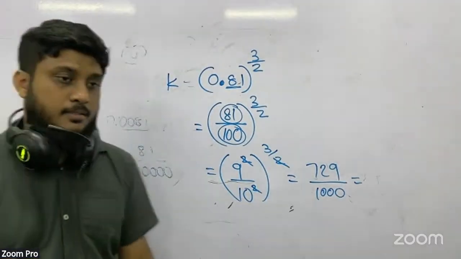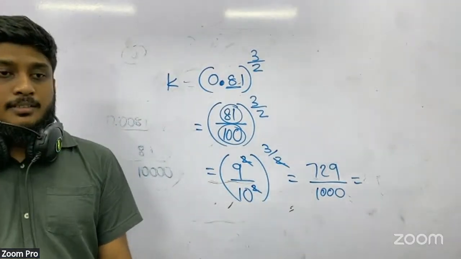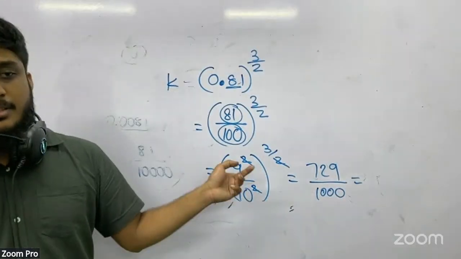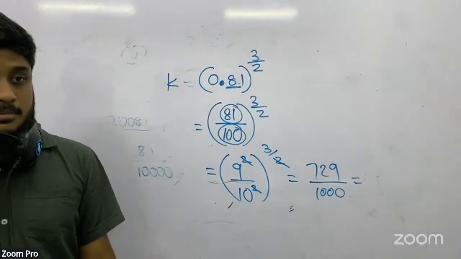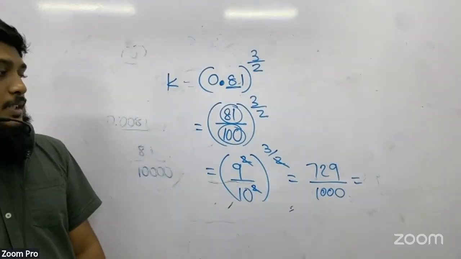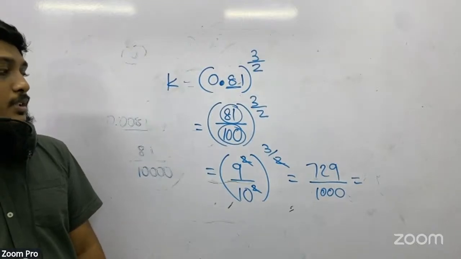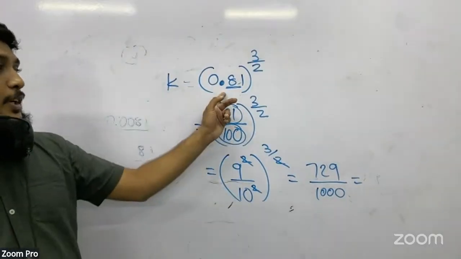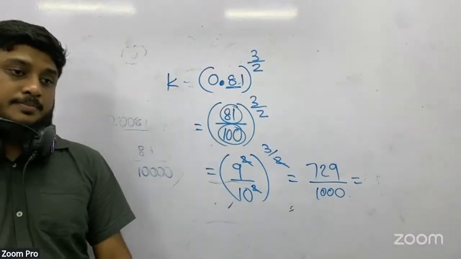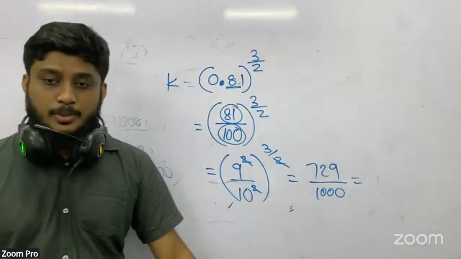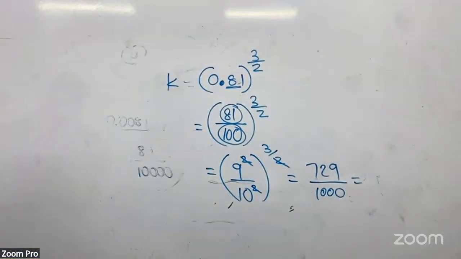If you write 729 divided by 1000, take 3 decimals backward: 0.729. The best way is to write it as a fraction, then you will never make mistakes. A mistake can happen otherwise.